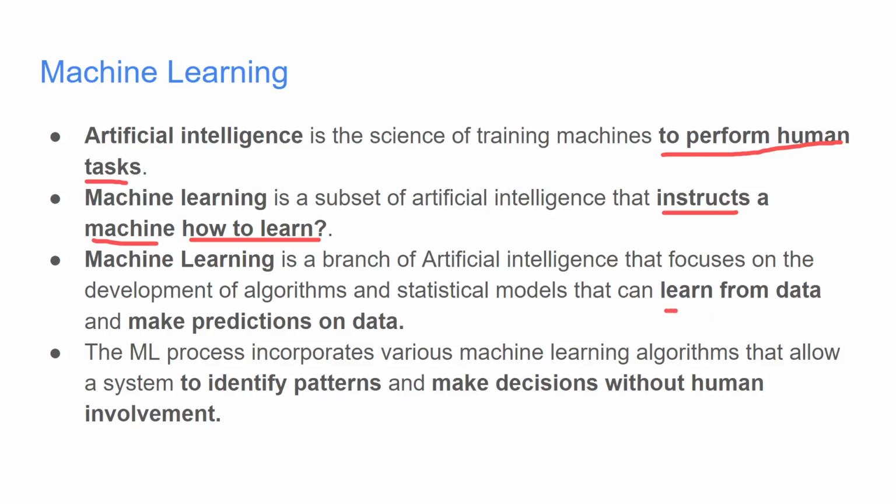So it will learn itself from the available data and make predictions on the data. The machine learning process incorporates various machine learning algorithms that allow a system to identify new patterns, new insights, and to make decisions without any human involvement. That's the main purpose of machine learning and artificial intelligence. So it's one of the subsets of AI.